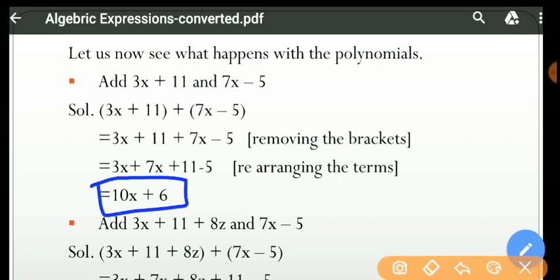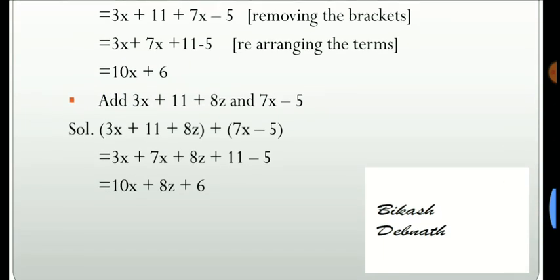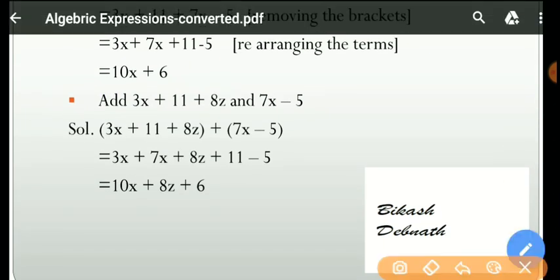10x plus 6. In the same way, 3x plus 11 plus 8z, 7x minus 5. So first of all we have written them using brackets. Then we remove the brackets. One step is not included here, and that step is the removing of brackets.